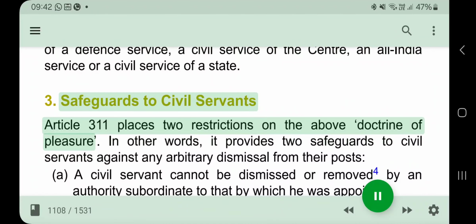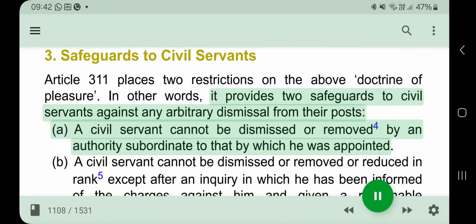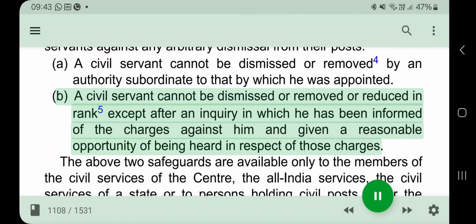3. Safeguards to civil servants. Article 311 places two restrictions on the above doctrine of pleasure. In other words, it provides two safeguards to civil servants against any arbitrary dismissal from their posts. (a) A civil servant cannot be dismissed or removed by an authority subordinate to that by which he was appointed. (b) A civil servant cannot be dismissed or removed or reduced in rank except after an inquiry in which he has been informed of the charges against him and given a reasonable opportunity of being heard in respect of those charges.